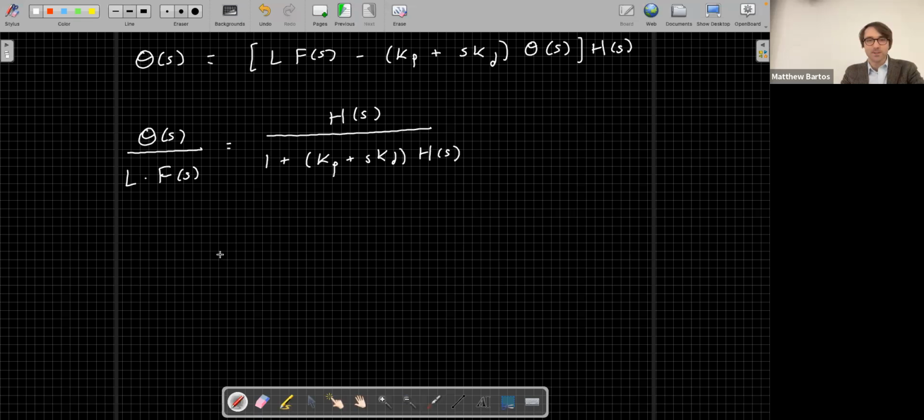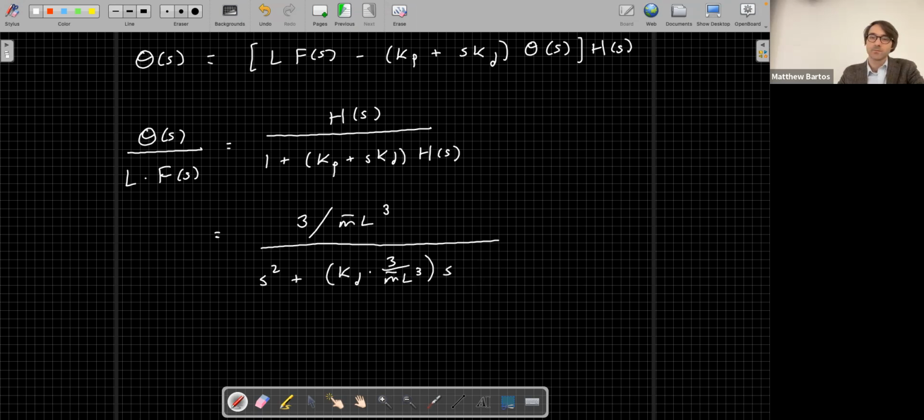I'm not going to go through the full algebraic manipulation again, but what you end up with is 3 divided by m bar L cubed, divided by s squared plus Kd times 3 divided by m bar L cubed times s plus Kp times 3 divided by m bar L cubed minus 3g over 2L. That last term corresponds to the gravitational force.